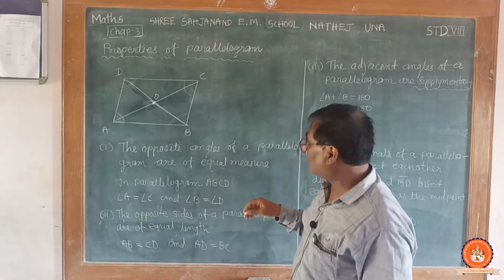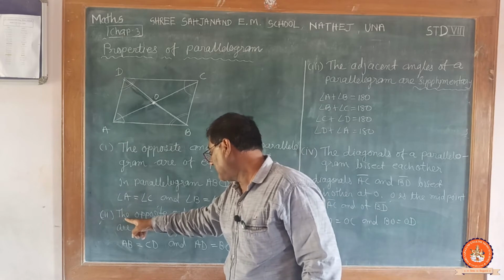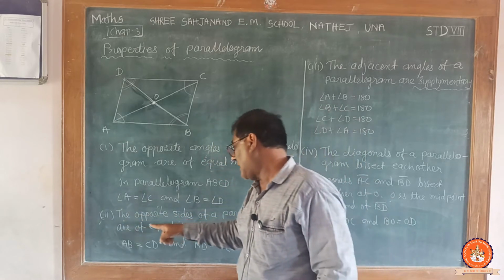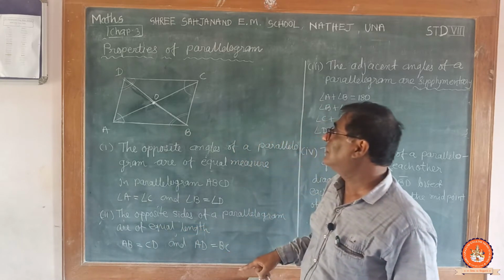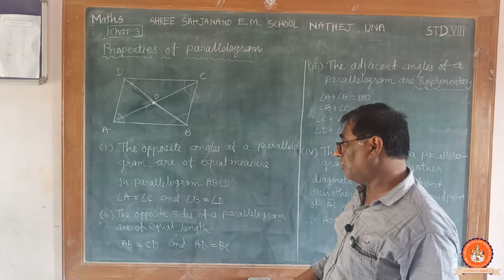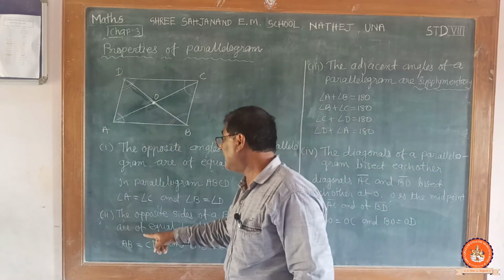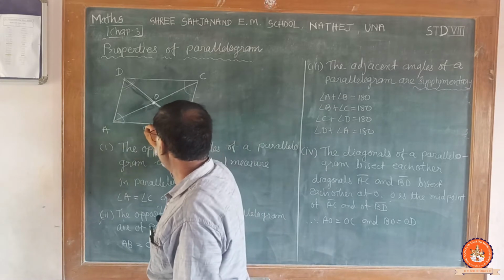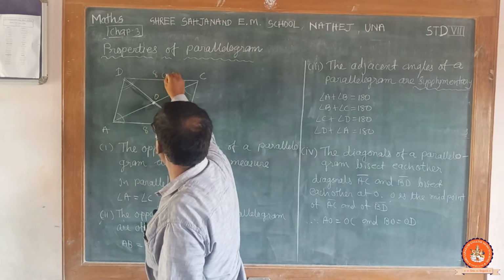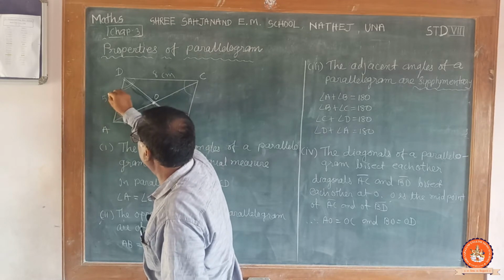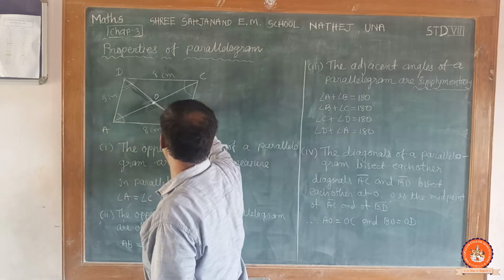Okay, so now the second property: the opposite sides of a parallelogram are of equal length. So opposite sides हैं वो equal length की होंगी. समझो ये 8 सेंटीमीटर है तो ये भी 8 सेंटीमीटर होगी, और ये 5 सेंटीमीटर है तो ये भी 5 सेंटीमीटर.